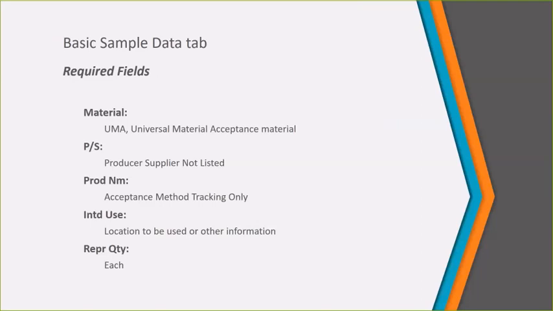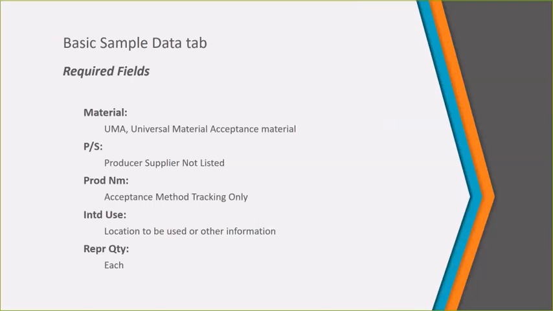For the producer supplier, you're going to get a general designation of producer supplier not listed, which is an indicator that you'll need the producer supplier not listed template. The product name is acceptance method tracking, because that's what we're using UMA for.